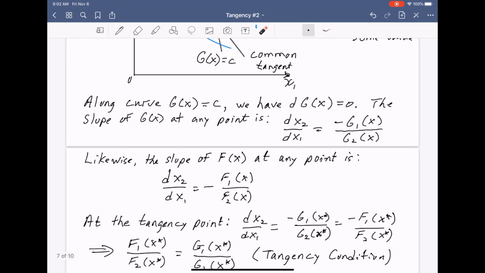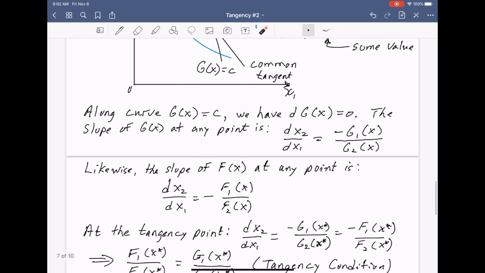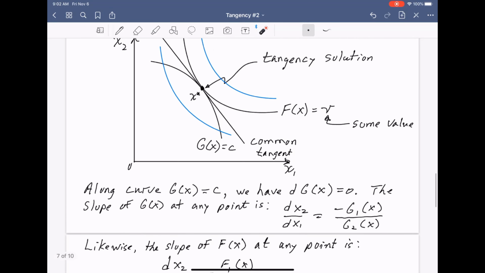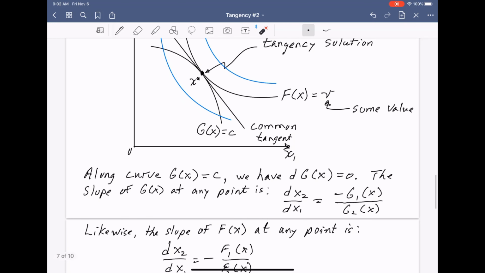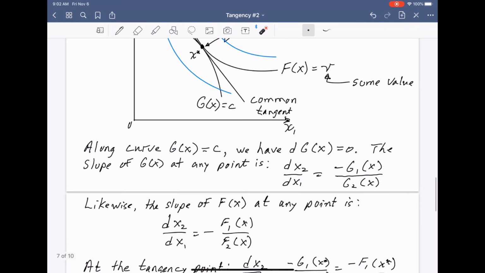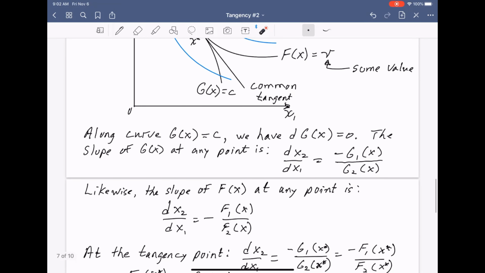We find that dg of x is 0. The slope of g of x at any point, again, is given by dx2 over dx1. So the change in x2 as we change x1 is equal to the negative of the first derivative of the constraint with respect to x1, divided by the first derivative of the constraint with respect to the second variable x2.